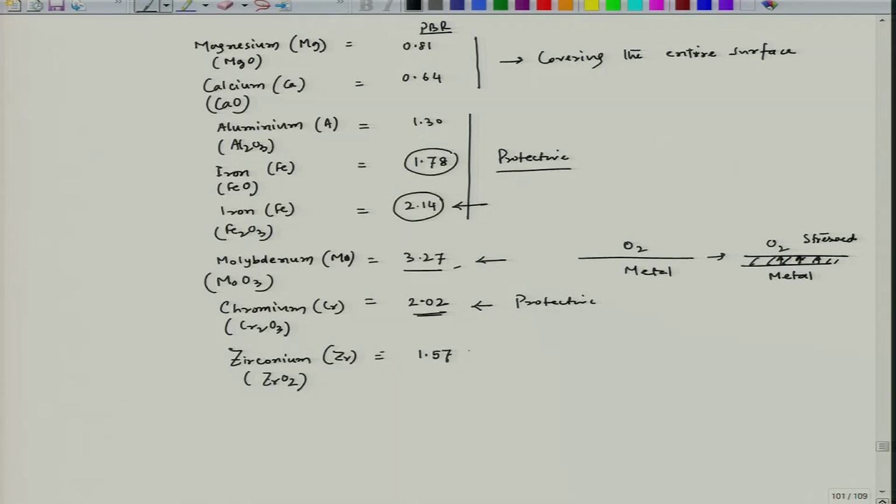Now, here we say that it is protective, very much protective, and of course, it is protective, but zirconium has a peculiarity.